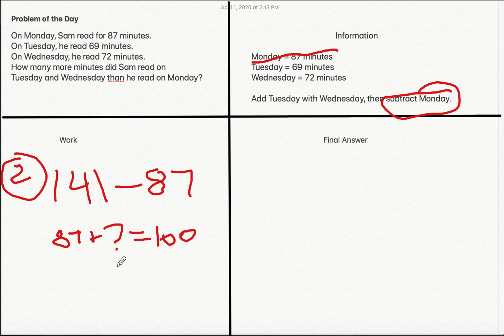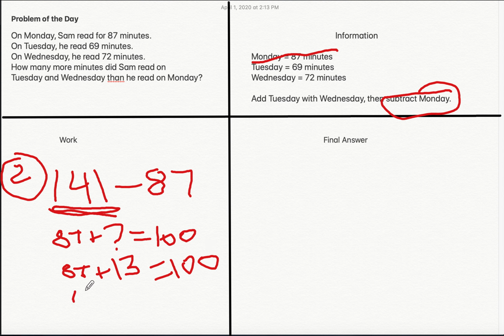You're right, I can add 13, because 87 plus 13 equals 100. But remember, I got to get all the way to 141. So what do I have to add to 100 to get to 141? See, baby, that's easy. I add 41. So 100 plus 41 equals 141.